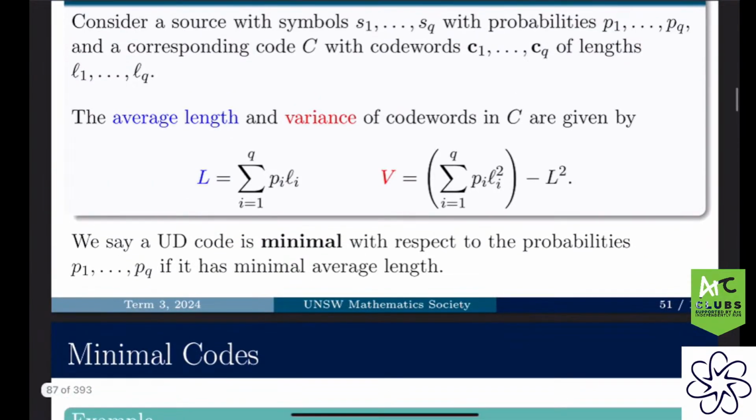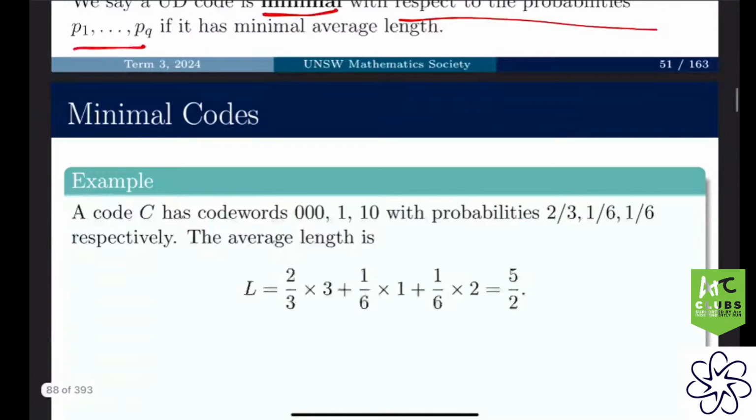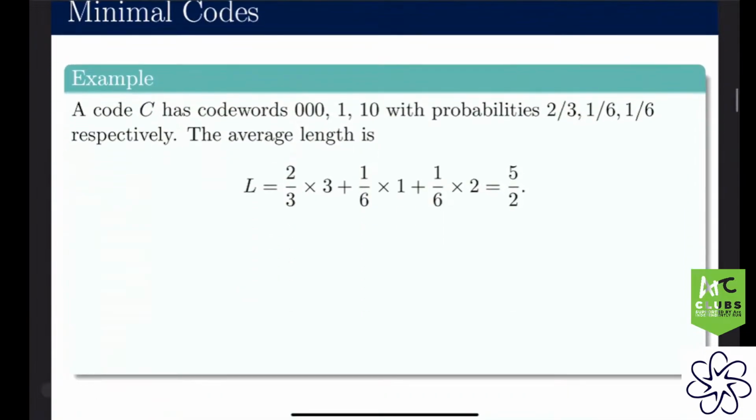And if the average length is minimal, then we say that the code is minimal, right? We say minimal with respect to the probabilities P1 to PQ technically, but usually we just say it's a minimal code. All right, so here's an example of what's definitely not a minimal code.